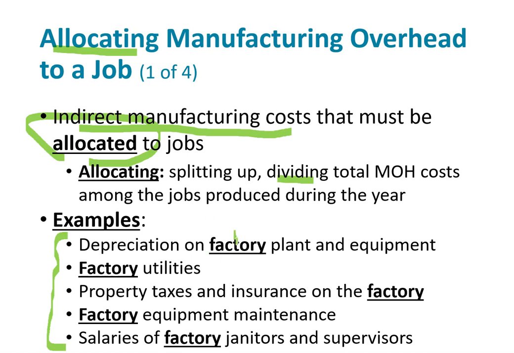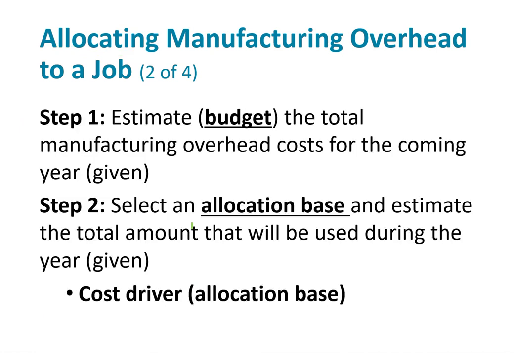And notice one of the key things, we know that these are manufacturing overhead because here they use the word factory in every one of the descriptions. It could have just said plant, or equipment, but there are certain terms that signal that it's manufacturing overhead. So these are just examples of some of the total amount of manufacturing overhead. And what we're going to do is estimate that manufacturing overhead and split it up between the jobs.